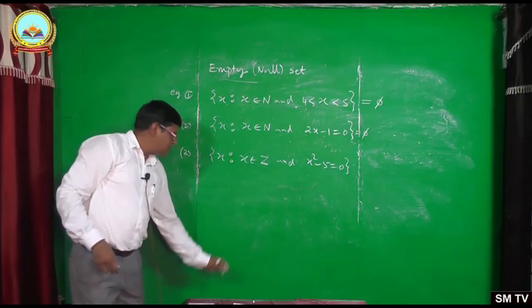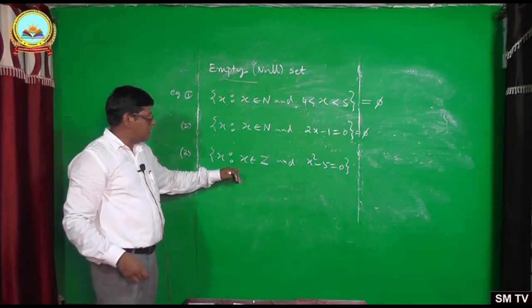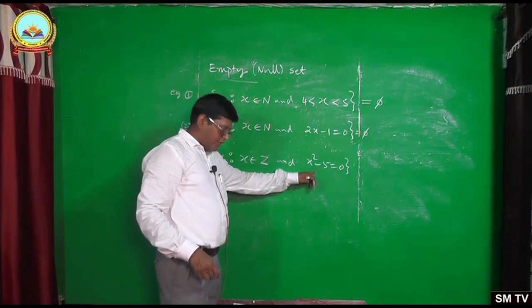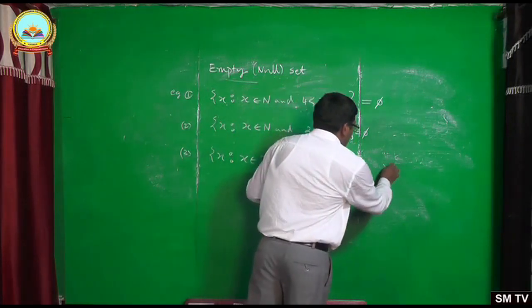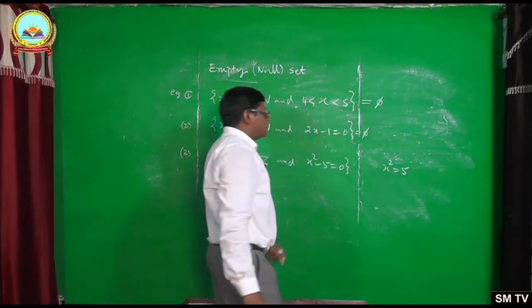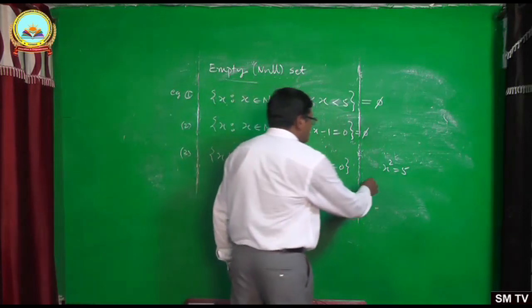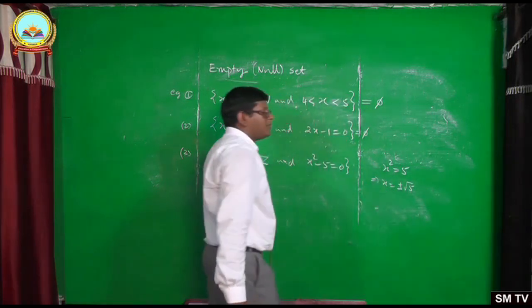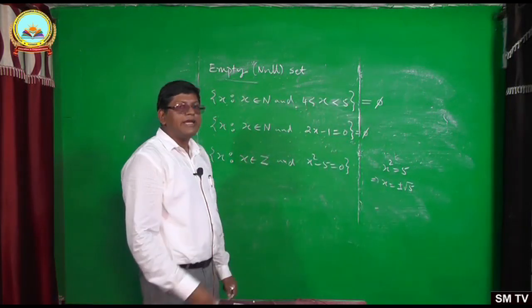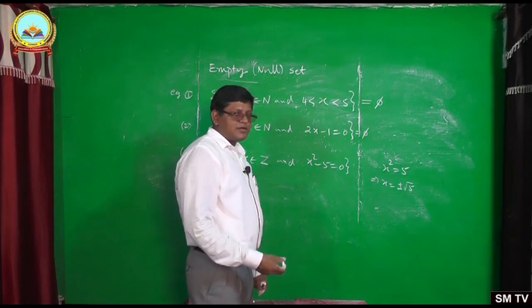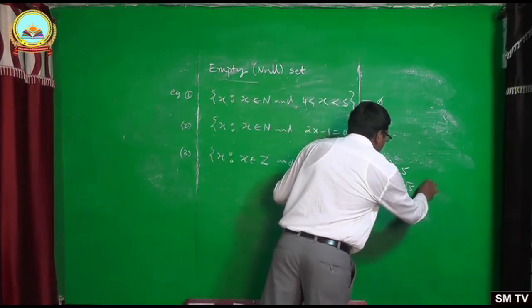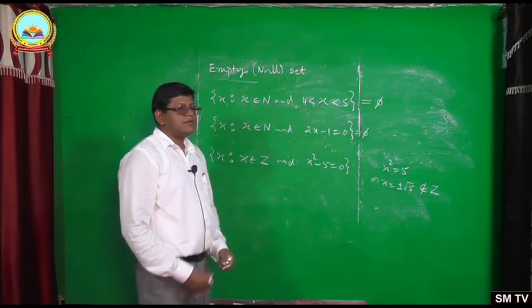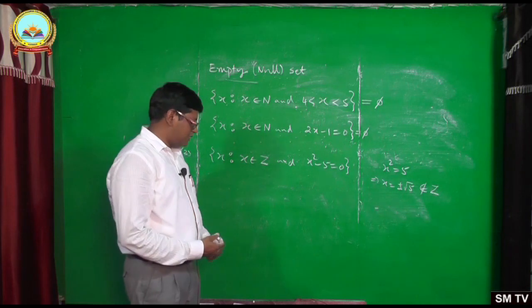That means this is the set of all those integers which satisfy the quadratic equation. Now we shall solve this equation. What do we get? x square is 5, so x is plus or minus root 5. Plus root 5 and minus root 5 are not integers, they are actually irrational numbers, so they do not belong to Z. Therefore this set is the empty set.